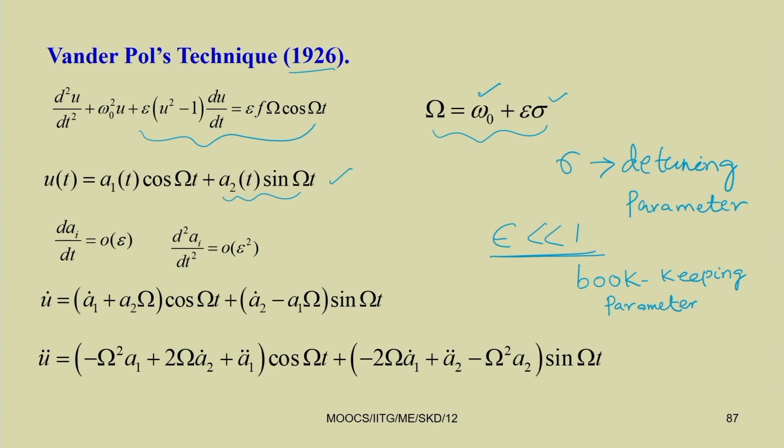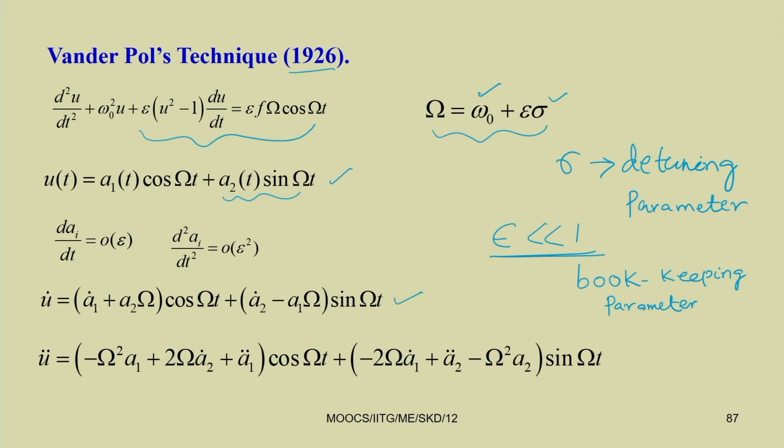By taking the cos term separately and the sin term separately, one can write u dot equal to a1 dot plus a2 omega cos omega t plus a2 dot minus a1 omega sin omega t. This way u dot can be written.